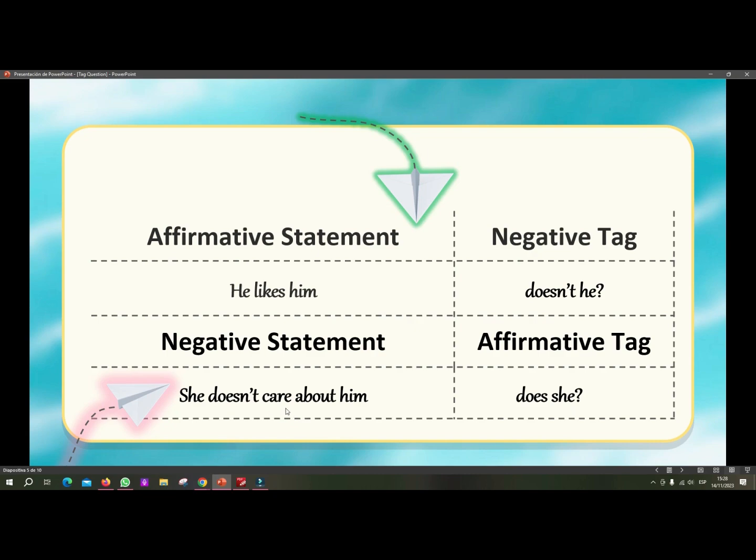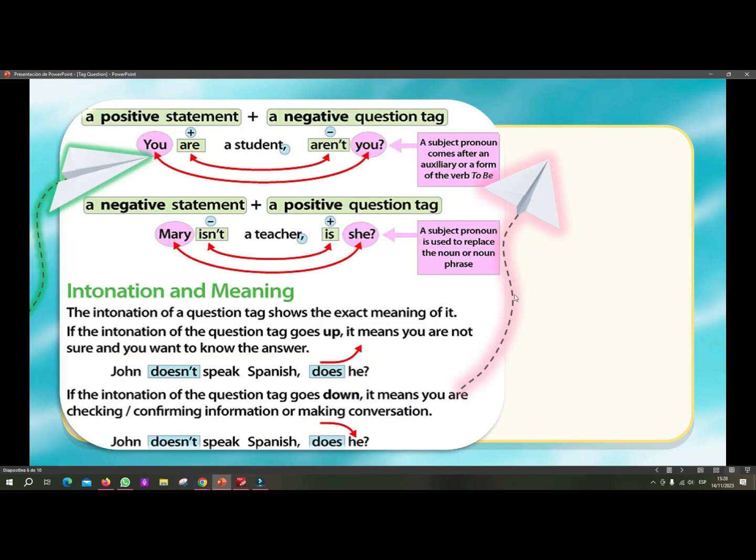So, she doesn't care about him, does she? Right? So, don't forget this. If you have the affirmative statement, you're going to have the negative tag question. But if the statement is negative, you're going to have an affirmative tag question, right? So don't forget that.